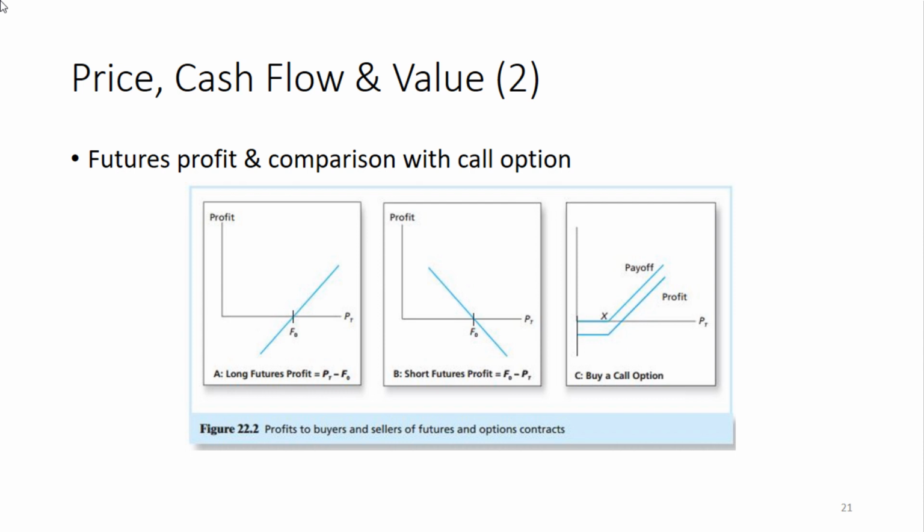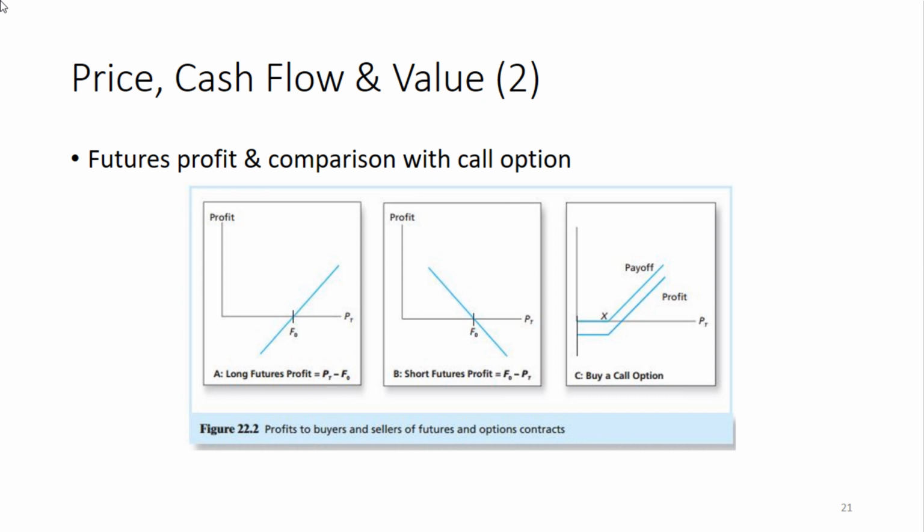On the x-axis, you see the spot price at the maturity moment of the contract. If at maturity the spot price is exactly equal to the price that we agreed upon when we issued the contract, which is F0, then the profit on the contract is exactly 0.